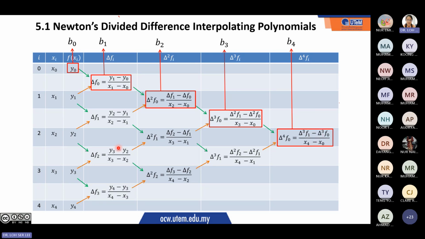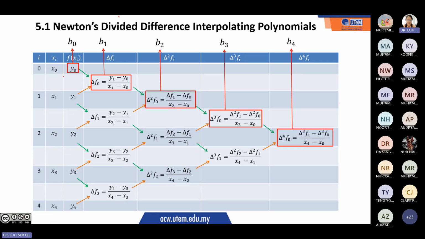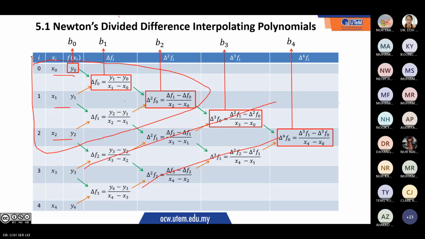So meaning that if you have only 3 points, let's say you use only 3 points to get the quadratic polynomial, you will just compute for this. You don't need all this, because for 3 points, the table that you compute will just go up to b2.